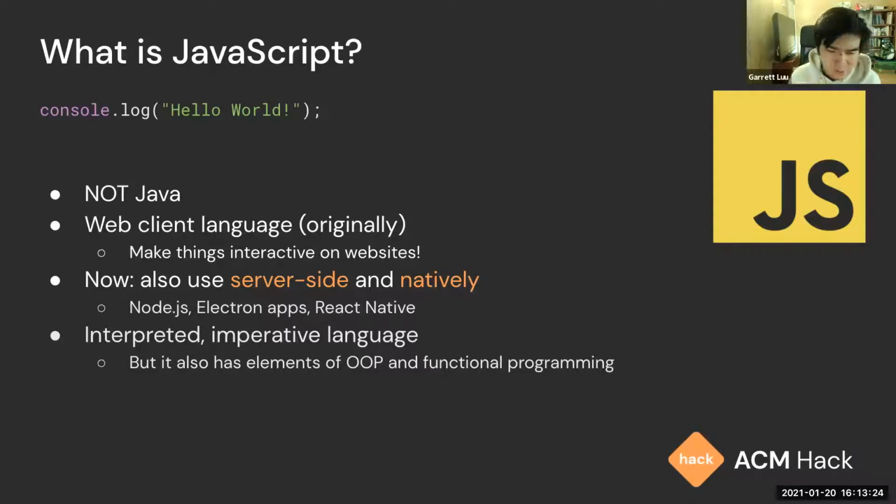That's kind of reminiscent of C. But it also does have elements of object-oriented programming and functional programming. So JavaScript is kind of a mess. We won't go into the details of this last bullet point today. But if you do want to learn more, there's stuff out there, right? There's classes, objects and all that.